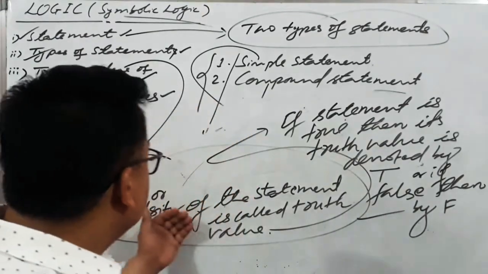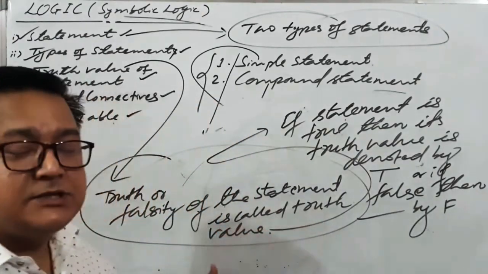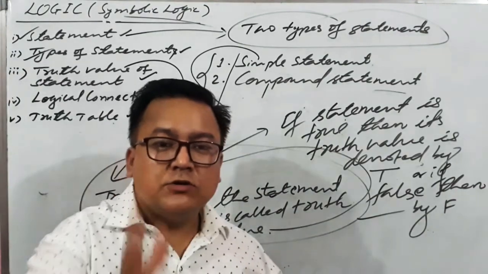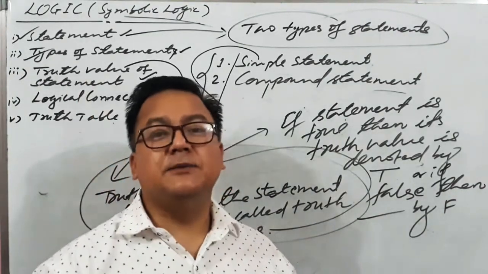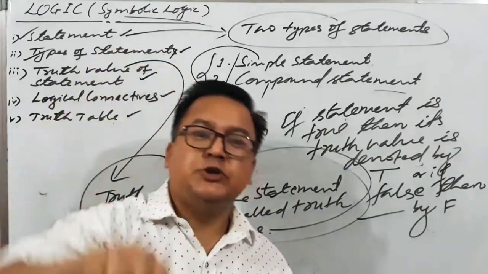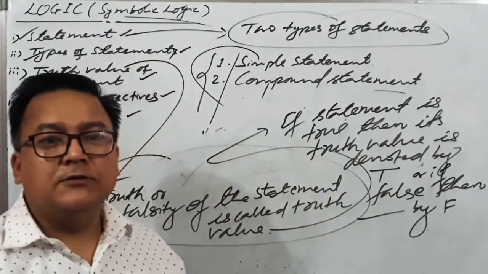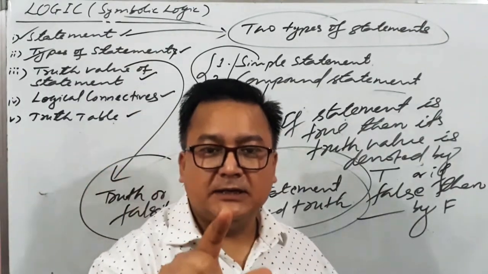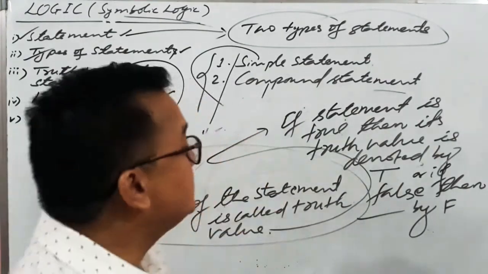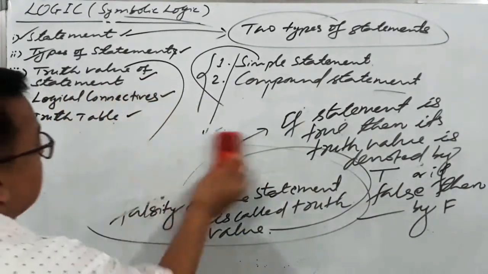The truth or falsity of the statement is called the truth value of the statement. If the statement is true, then its truth value is denoted by capital T. If the statement is false, then its truth value is denoted by F.